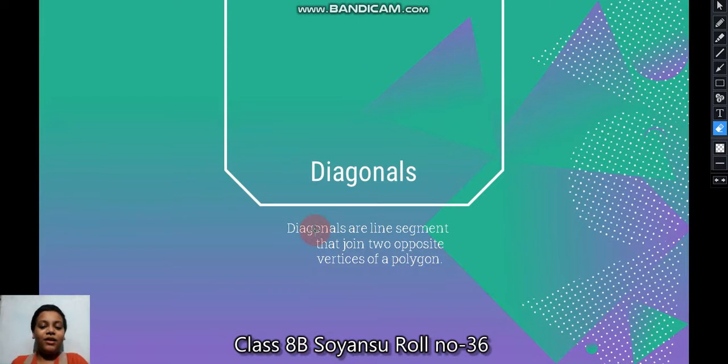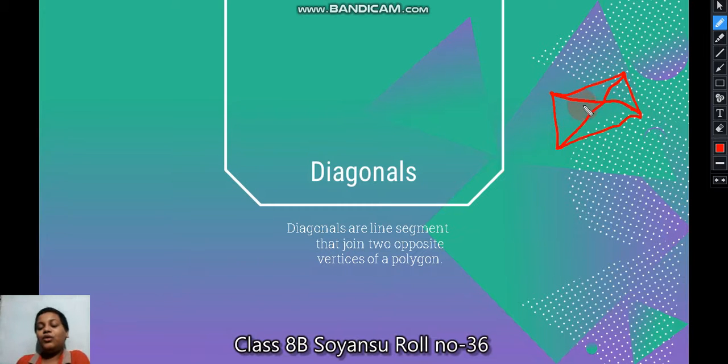Then come diagonals. What are diagonals? Diagonals are line segments that join two opposite vertices of polygons, not triangles. Triangles do not have any diagonals, but quadrilaterals and figures with more than 4 line segments have diagonals. Quadrilaterals are made up of 4 line segments and they have 2 diagonals, this and this.